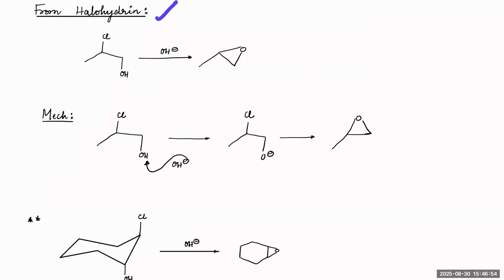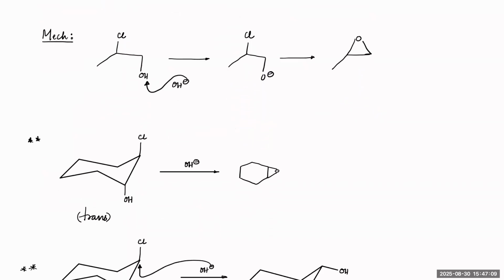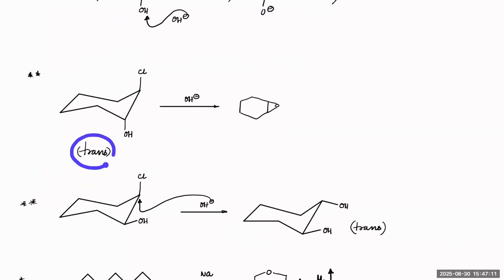From a halohydrin, suppose you have a chlorine and OH at vicinal positions, OH minus will take H plus from here, creating O minus, and that O minus can internally push, remove Cl minus, and that's how an epoxide can be formed. It can also be done whenever it is a trans position in a cyclohexane group.